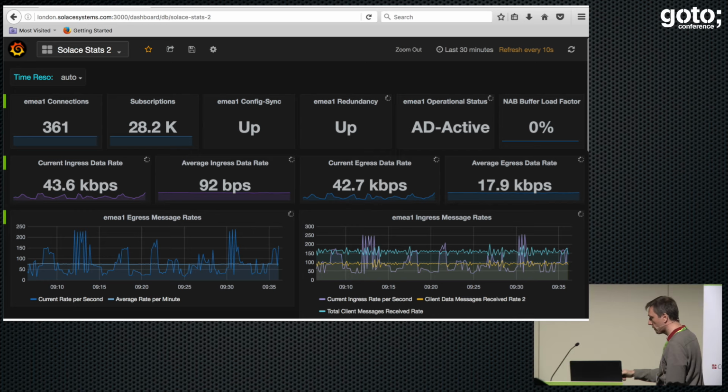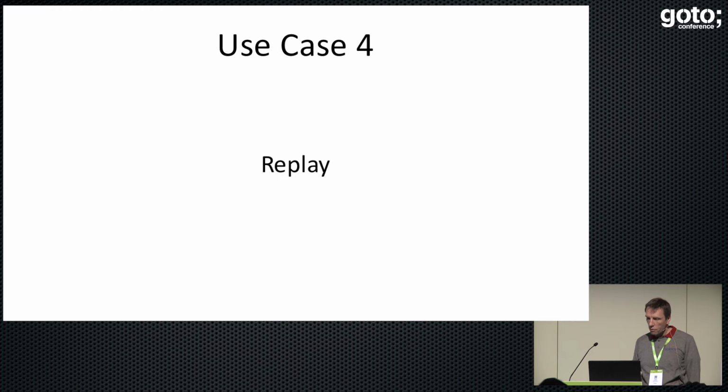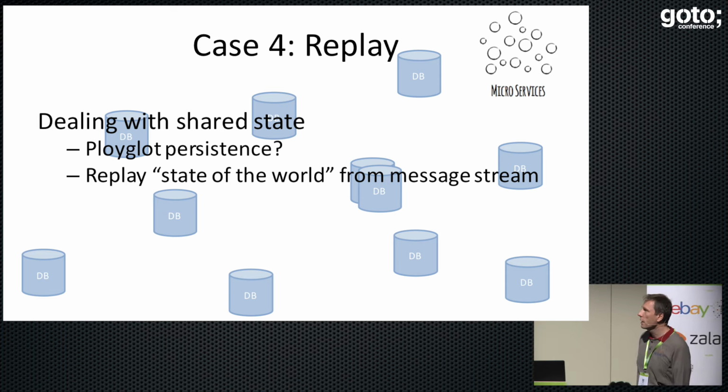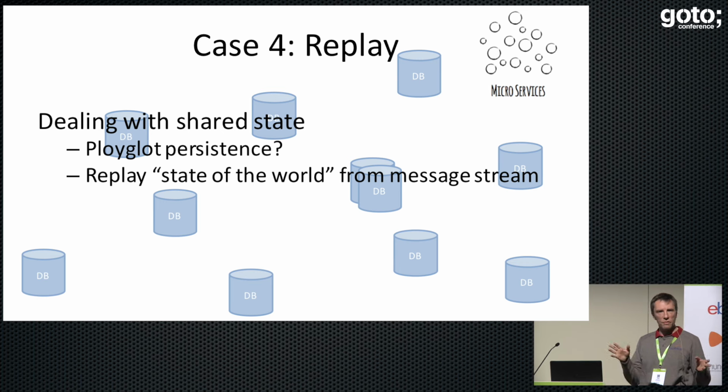Okay, all right. What about another use case then? Replay. This is quite popular in the microservices kind of approach. In microservices, people talk about polyglot persistence. One of the concerns there is what happens if my application fails?